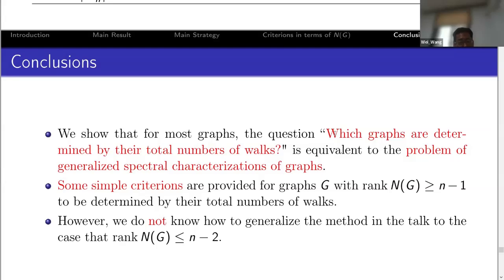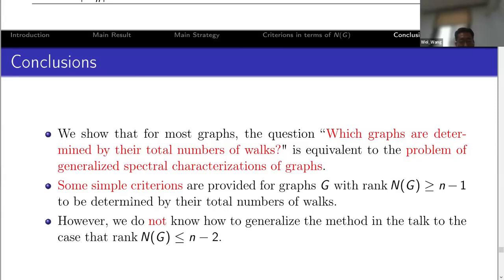Based on this, we give some criteria in terms of the Hankel matrix NG, provided the graph G satisfies that the rank of NG is greater than or equal to n-1. That means it's controllable or almost controllable. For these graphs, we give some simple criterion for them to be determined by the total number of walks.